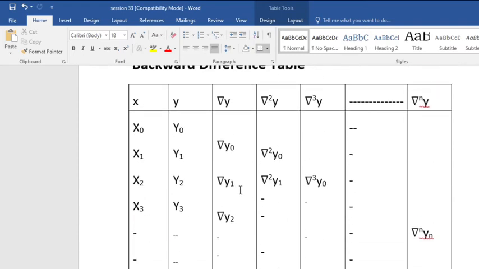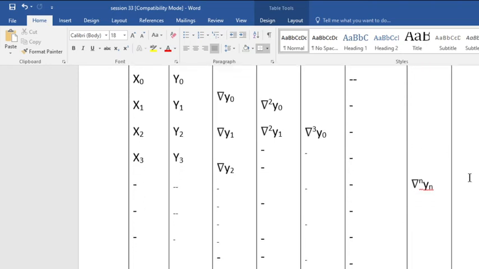The difference of the first backward difference of y2 and of y1 gives the second backward difference of y1, and the difference of the first backward difference of y1 and of y0 gives the second backward difference of y0. Similarly we can calculate the third, fourth and other backward differences.